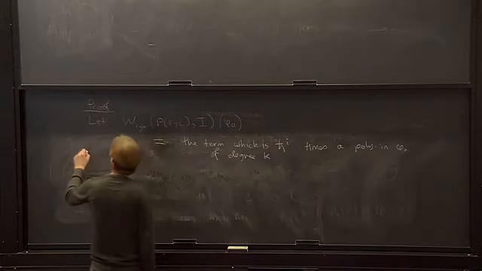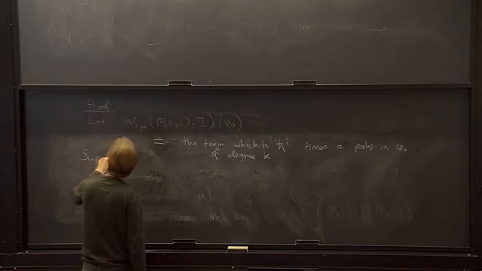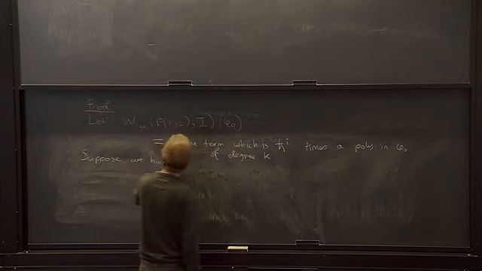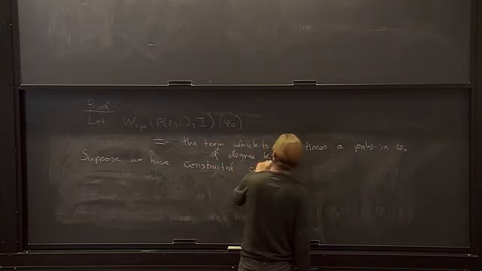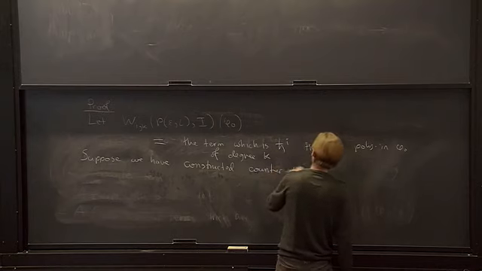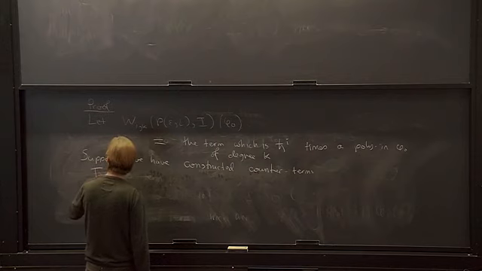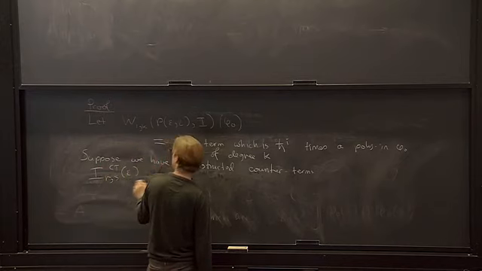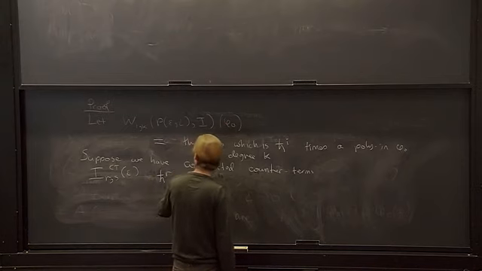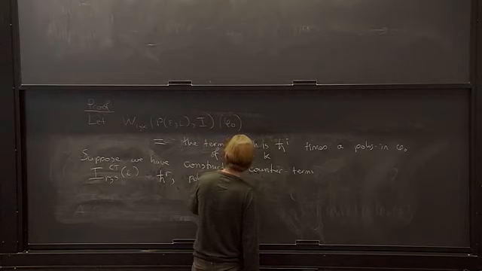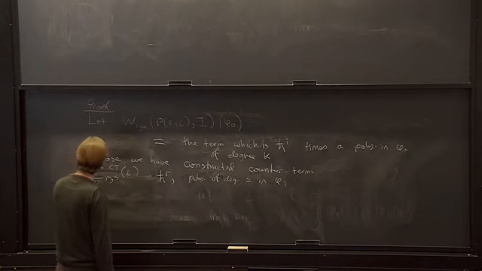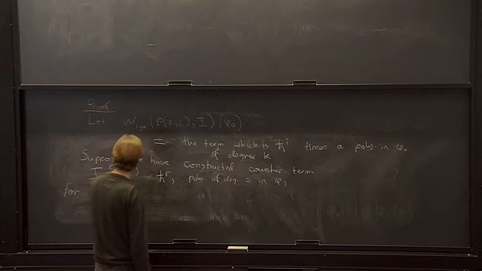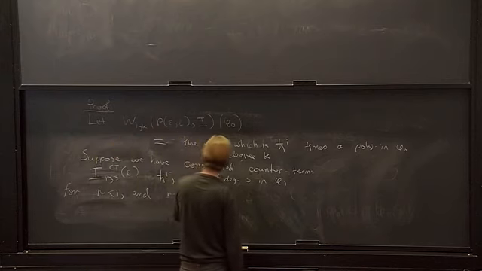Now, suppose we have constructed counter terms I sub r,s, which are basically h bar to the r times a polynomial of degree s in the field, for all r less than i, and when r is equal to i, s less than k.